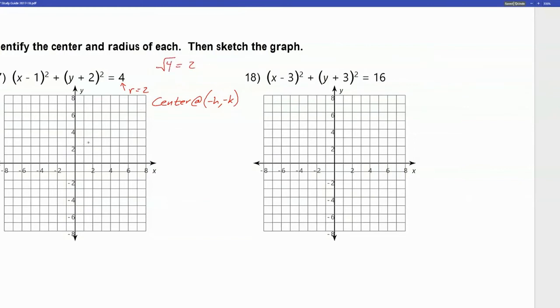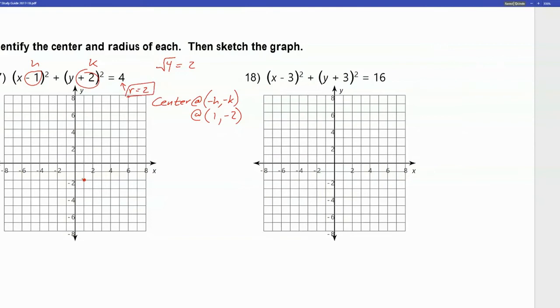All right, so center is at, let's see, my h value is -1. What's the opposite of -1? +1. My k value is +2. What's the opposite of +2? -2. So my center is at 1, comma, -2. That's right here. My radius, again, is 2.